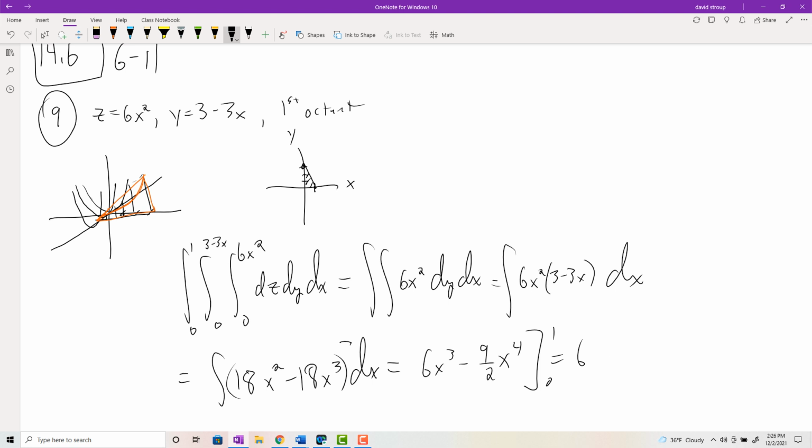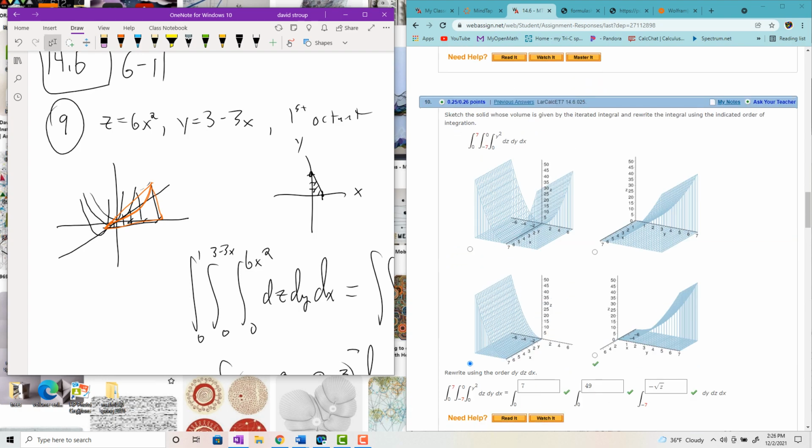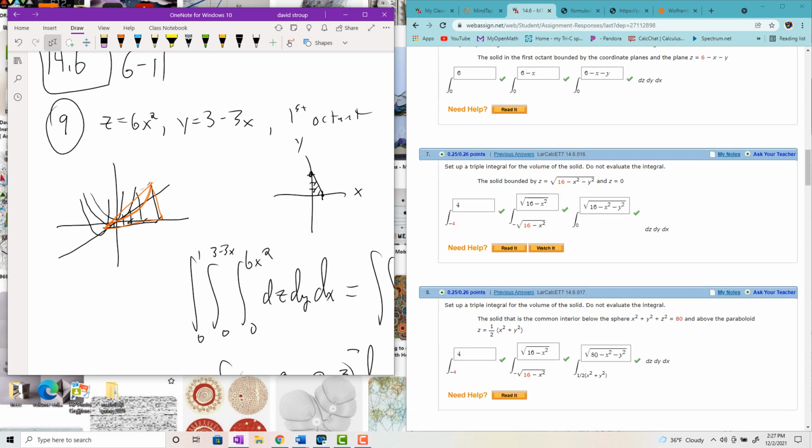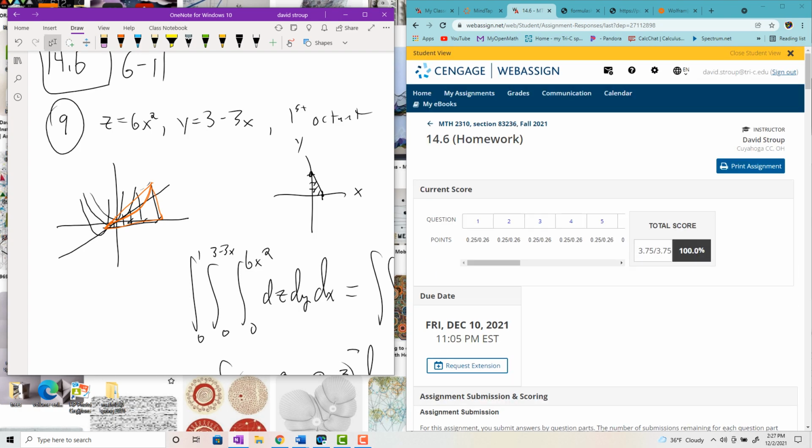And that would be 6 minus 9 halves, which will be 3 halves, right? 12, 9, yeah, 3 halves. All right. 12, 7, and then what is that? 14, 7, 14, 8.